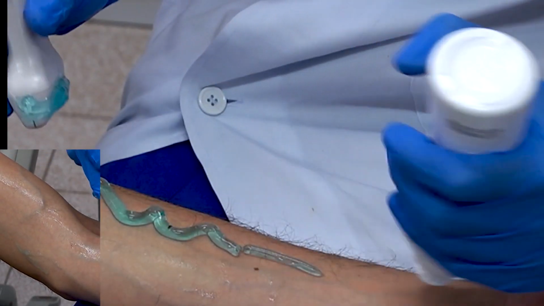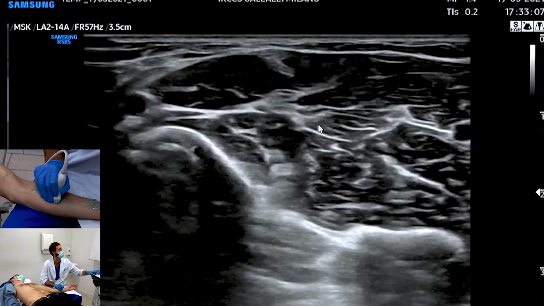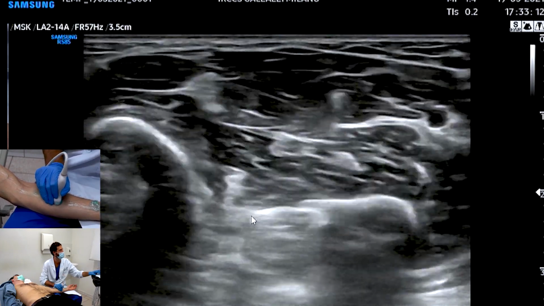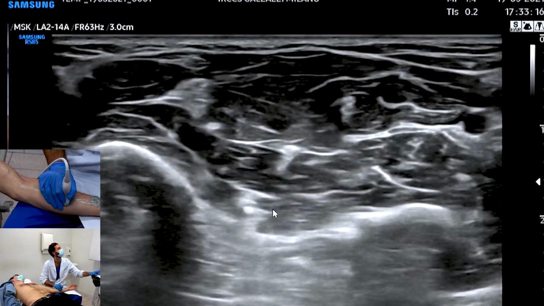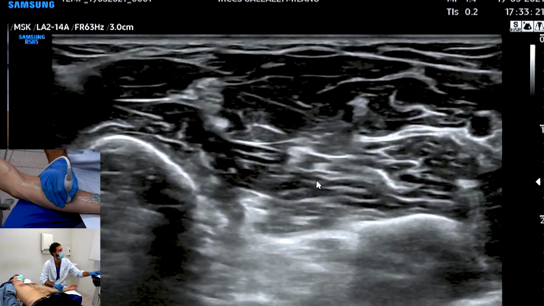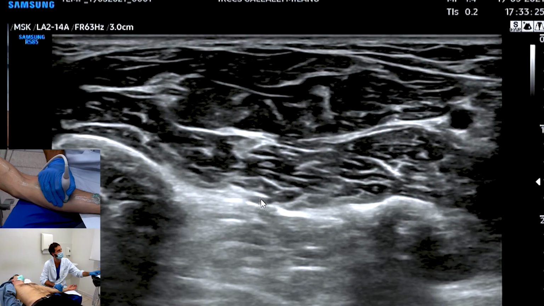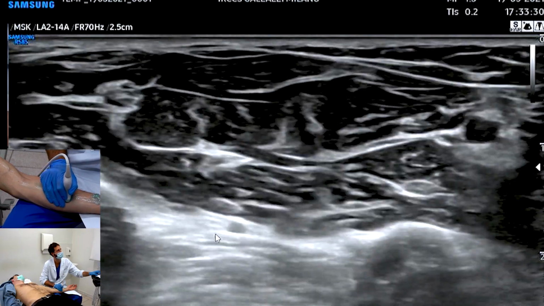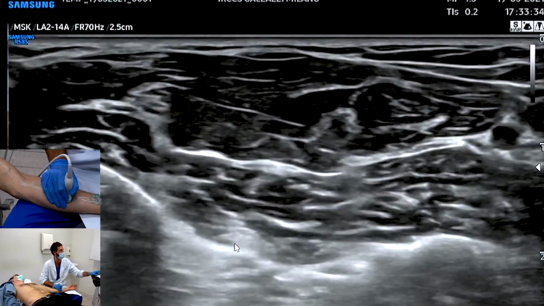If we take a look deeper, you can see the interosseous membrane as this hyperechoic line deeper than the flexor digitorum profundus muscles, and you can see this small hyperechoic structure, which is the anterior interosseous artery. This vessel travels with a small nerve, a small branch, which is the anterior interosseous nerve.